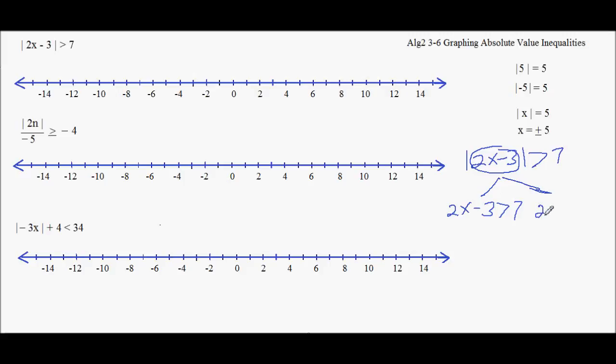I have to say 2x minus 3 has to be less than negative 7. So I do two things. I flip the inequality and I negate the right side.